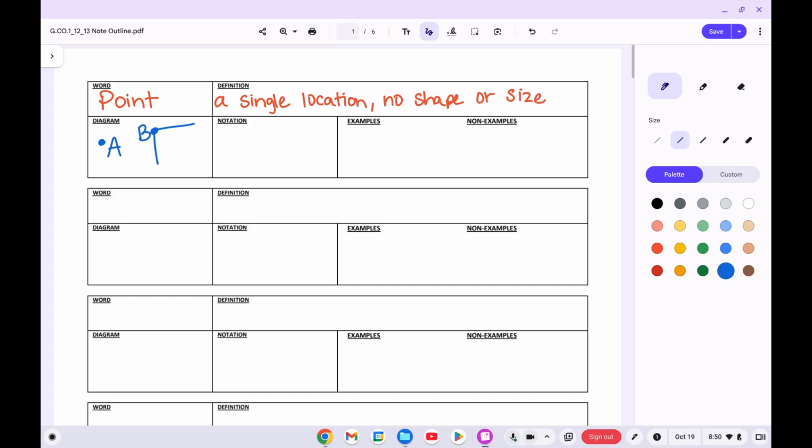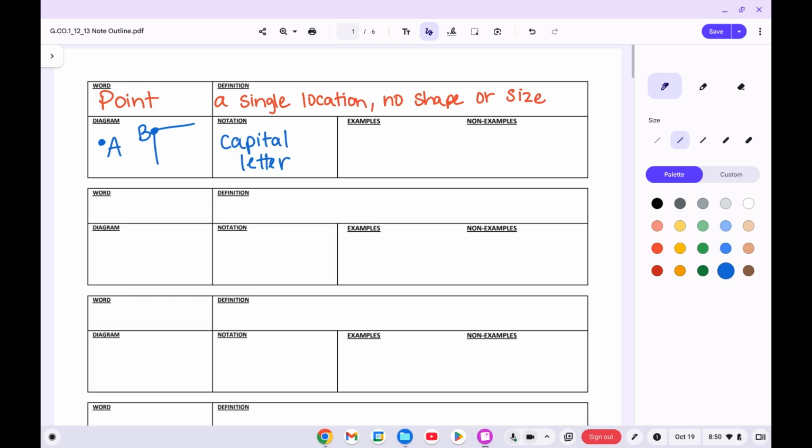There's always going to be a capital letter. So for the notation, we're using a capital letter. Anytime you see pictures with shapes that have points on them, they always use capital letters to name the points of a shape.